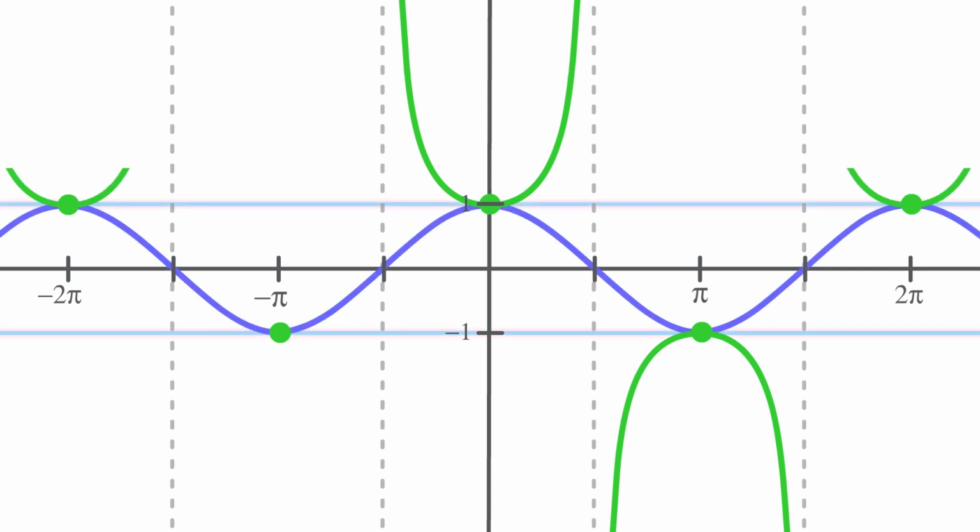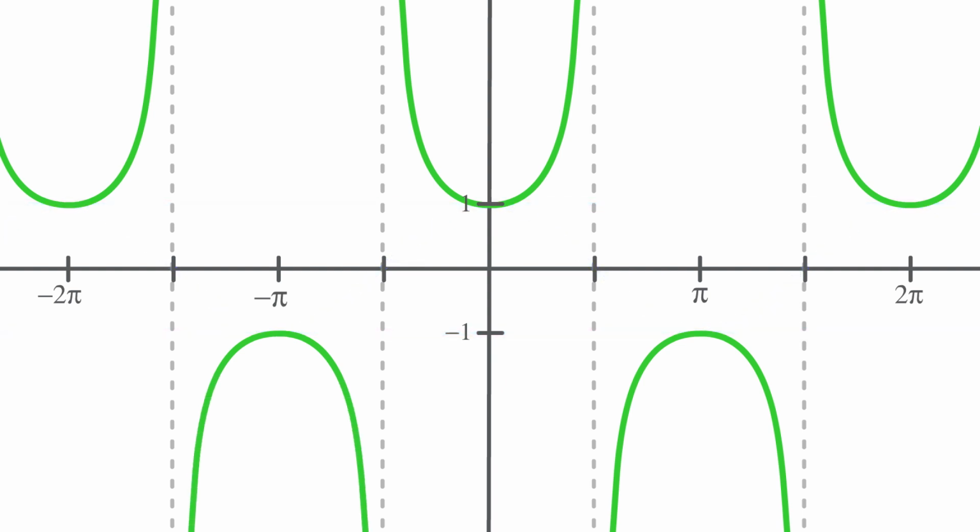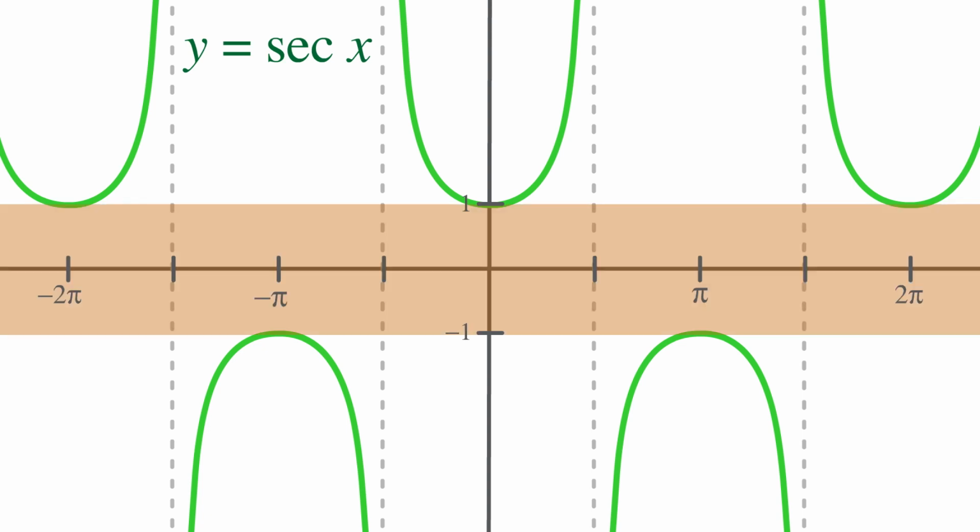If we push the rest of the cosine wave through the mirrors, we get repeated copies of those U-shapes. It's certainly a strange-looking graph. One thing to notice, the cosine function had output values from negative 1 to 1. Those are precisely the numbers that secant doesn't include. Well, except for 1 and negative 1 themselves.